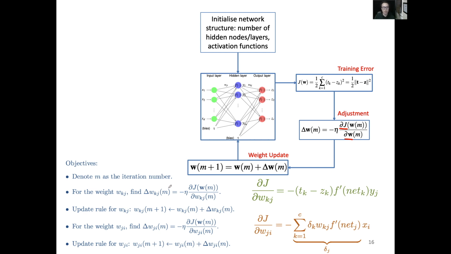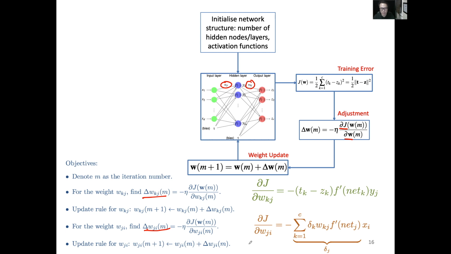In the previous slide we already know how to calculate delta wkj, the adjustment for this connection weight, and we also have delta wji, the correction for this wji in between the input layer and hidden layer.